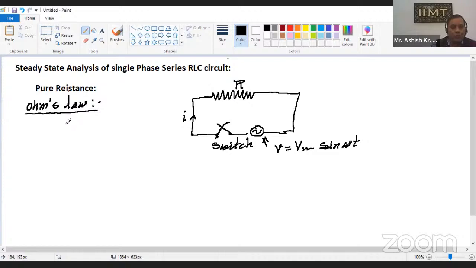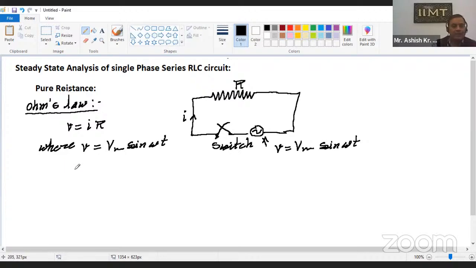So according to Ohm's law, the relation between instantaneous voltage and current is V equals I into R, where the instantaneous voltage V is given by the expression Vm sine omega t. Vm is the maximum value of voltage attained by an AC waveform.